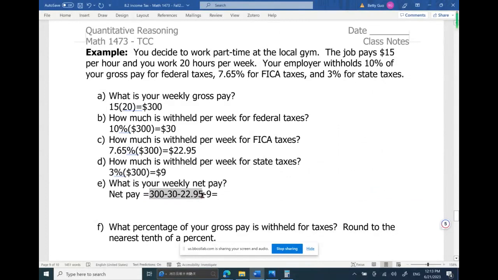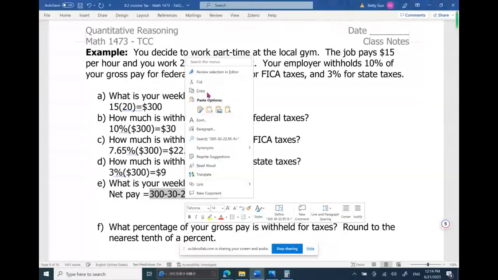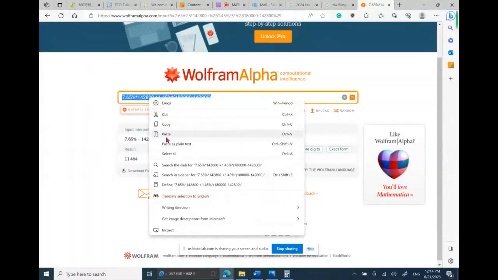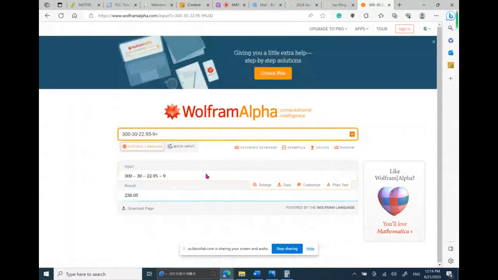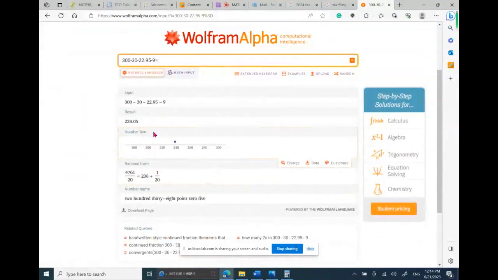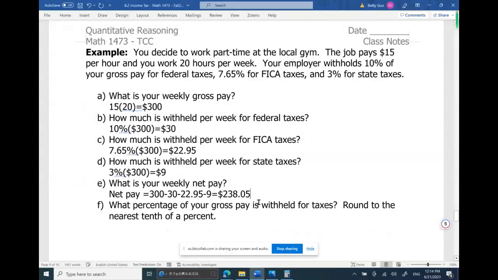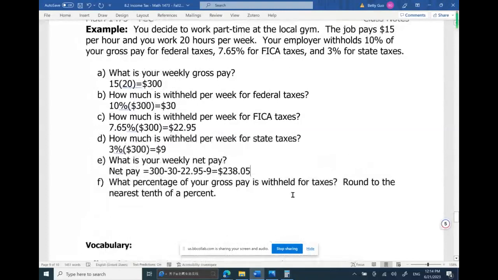Let's see what that is. $238.05. That's your net pay. You don't have $300, you only have $238.